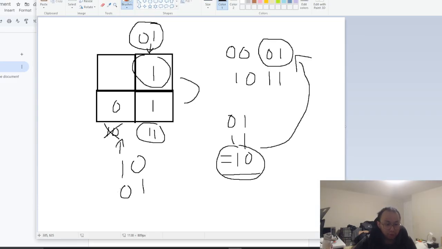Which coin do we flip? Well, we find the difference. We get, okay, so this has a difference of 1, and this has a difference of 1. So we know that we need to add 1, 1, right? So we find the difference between these two strings, which is 1, 0 and 0, 1, and then find the different bits, which is 1, 1.